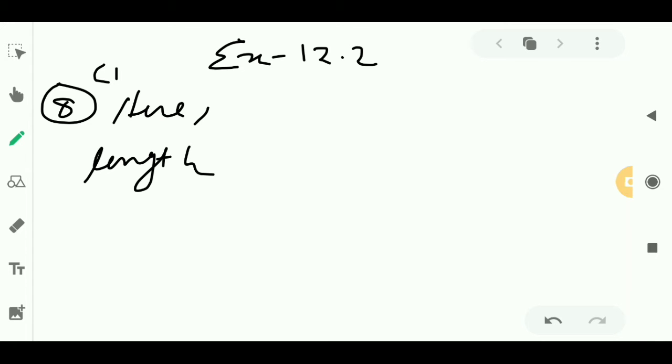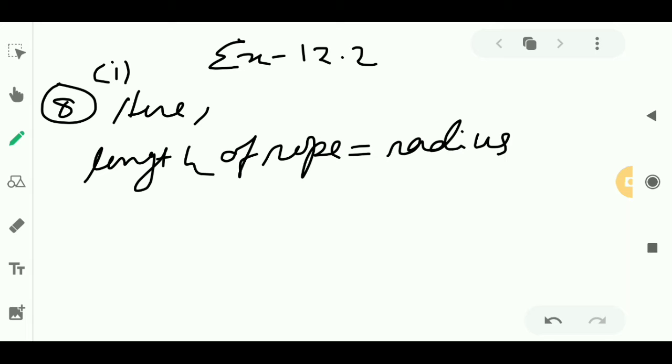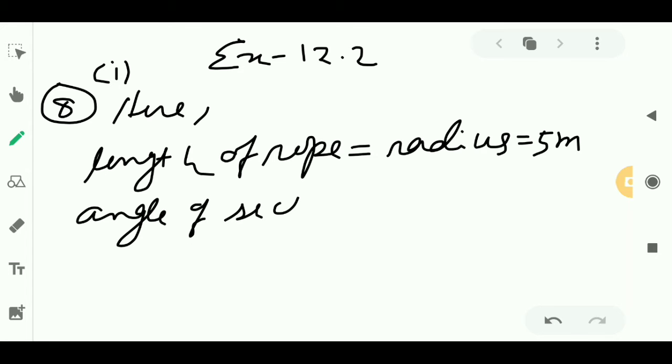Number 1: length of rope will be equal to the radius of the sector, radius equal to 5 meter. Then the angle of sector will be 90 degree because it is a square, angle at center, or angle of sector, actually the same thing.